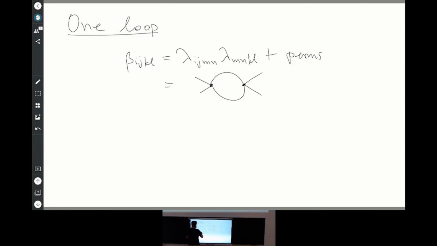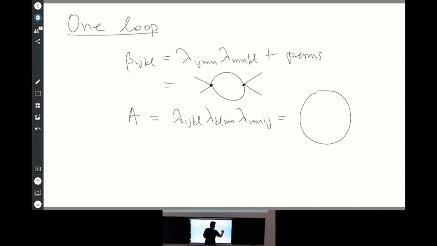And then obviously I can exhibit an A that works. I can take A to be something like this. And when I take a derivative of this A, what I'm doing is removing a vertex and opening it up. So I don't need a metric to do anything non-trivial.